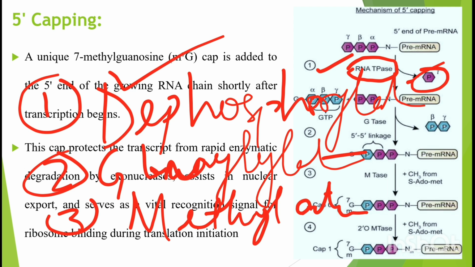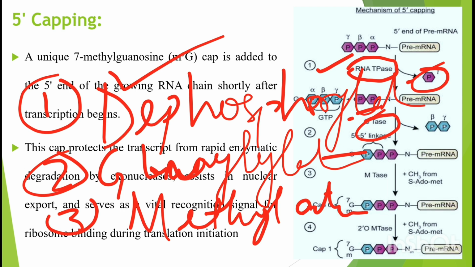Next step is guanylylation, addition of guanine. A guanylyl transferase enzyme adds a GTP molecule to that RNA diphosphate end, creating a special reverse 5' to 5' triphosphate link.